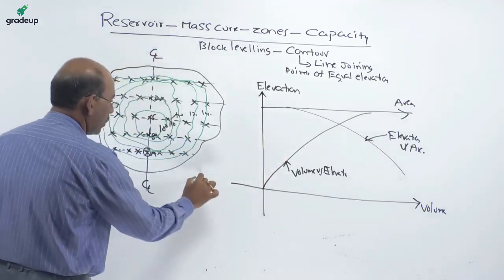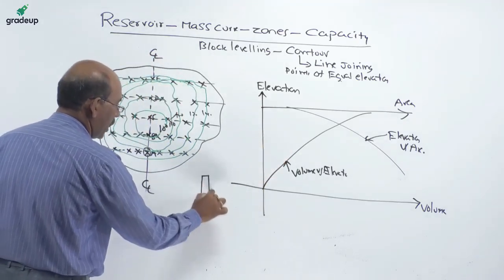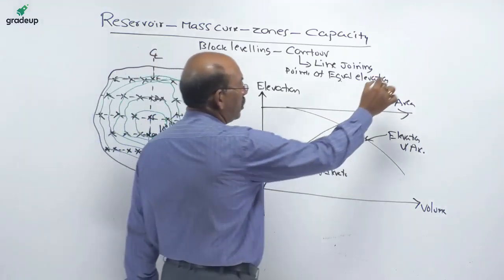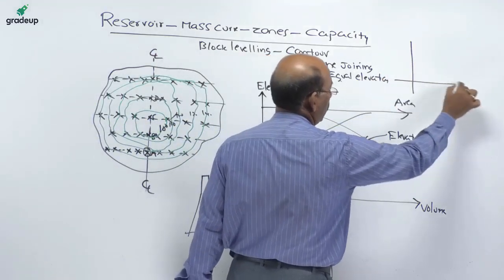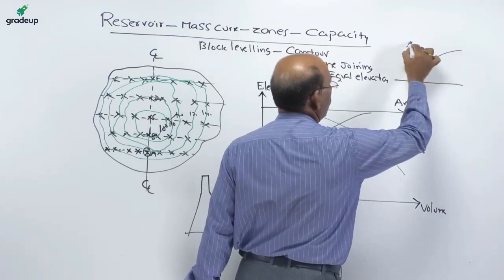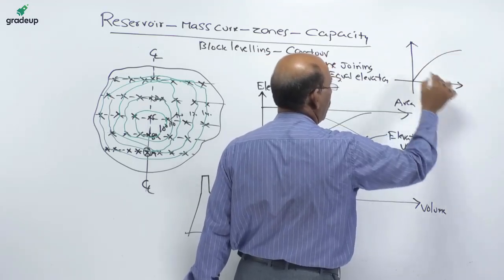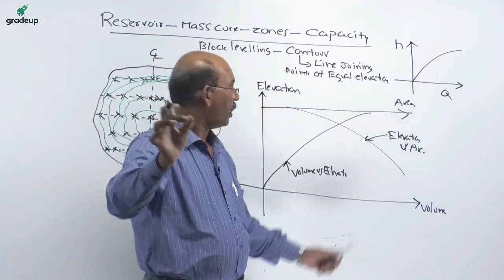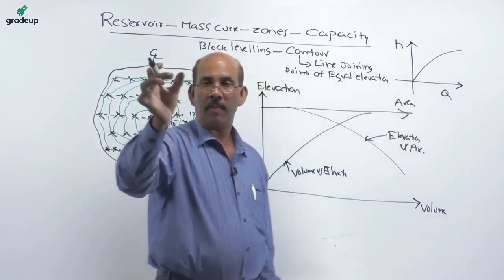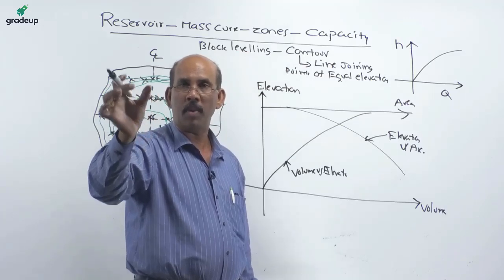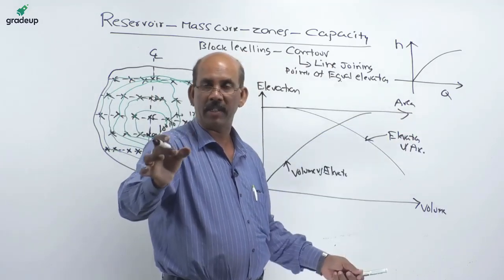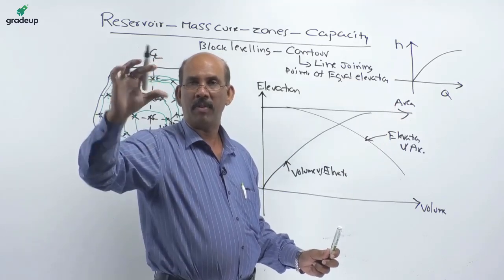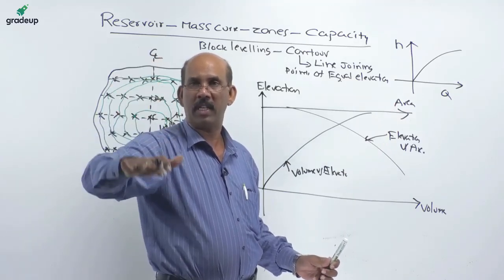As far as the stage discharge relationship is concerned, this is the stage and discharge. We know with reference to the given volume, that means how much volume of water is required, and accordingly what is the depth of the flow, the height.